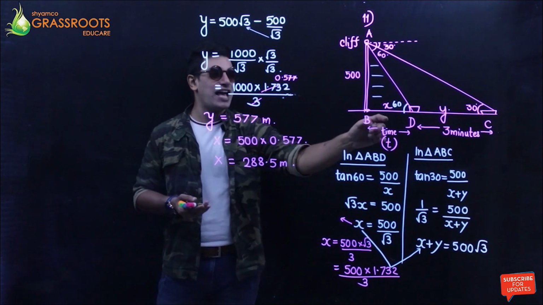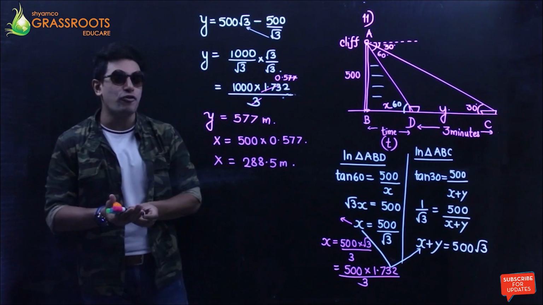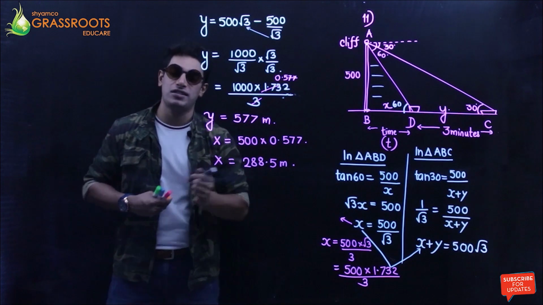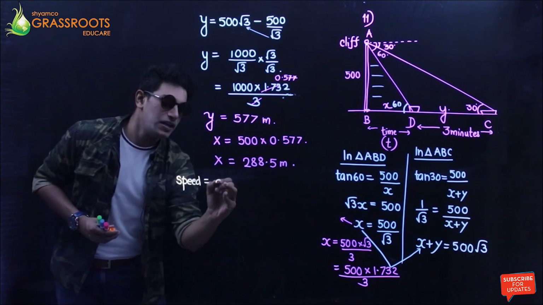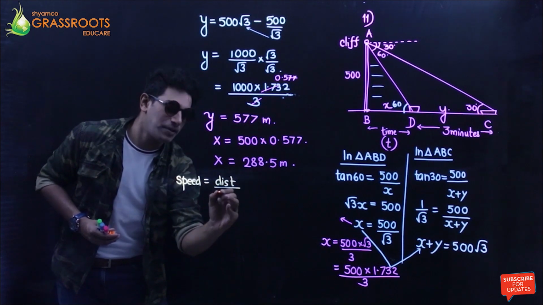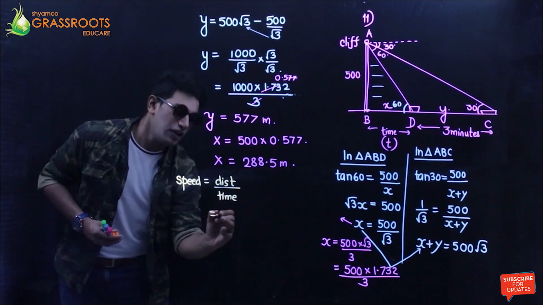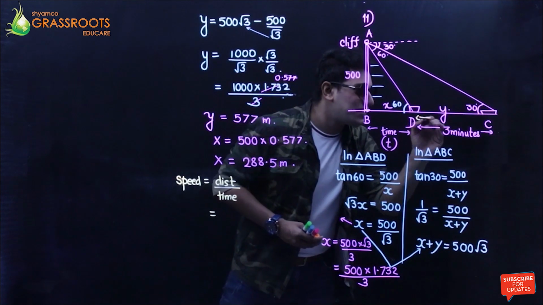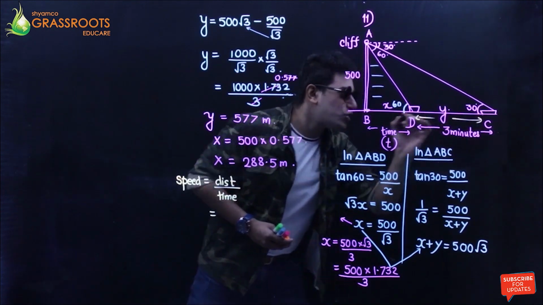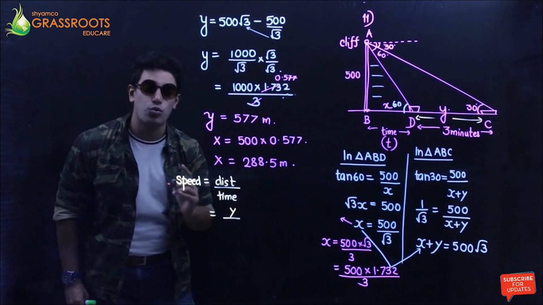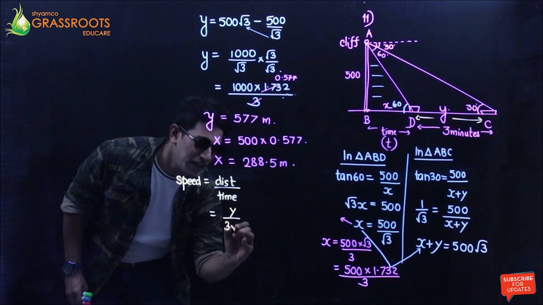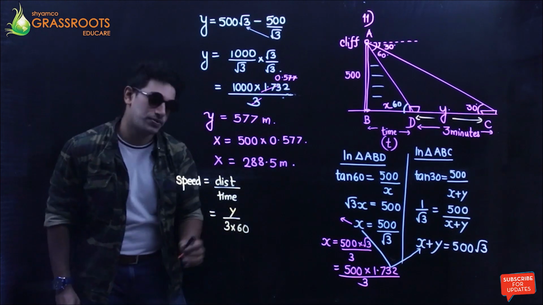I have to find the time of BD. Now we have a formula, speed is equal to distance upon time. If you're talking about the DC, the distance is Y and the time taken is 3 minutes, which is 3 into 60 seconds.